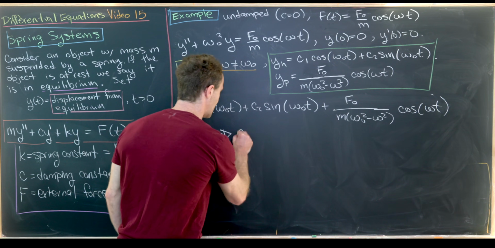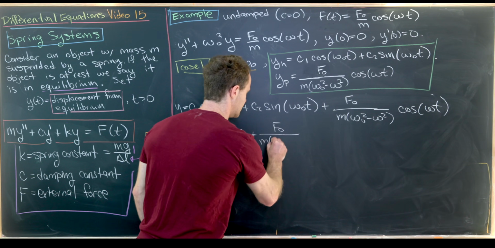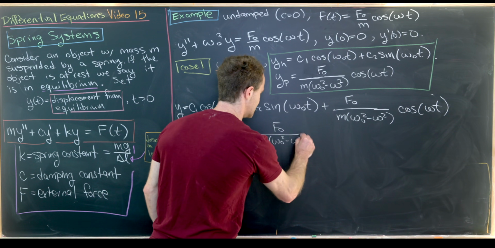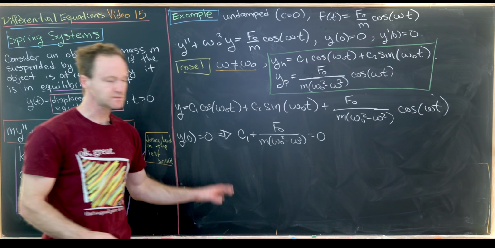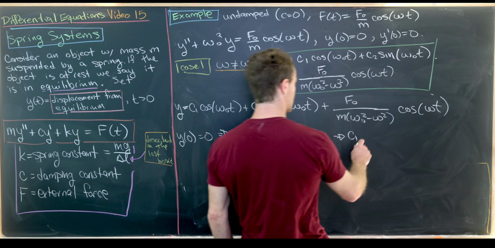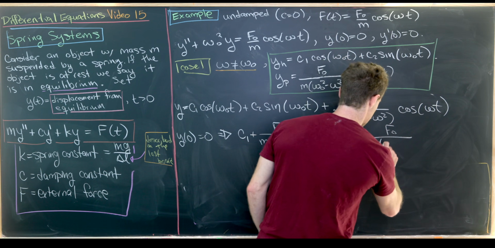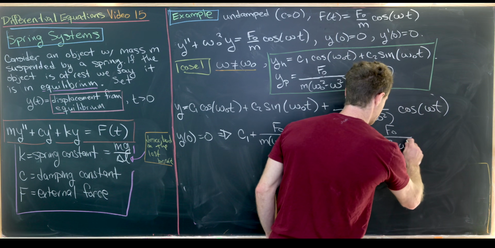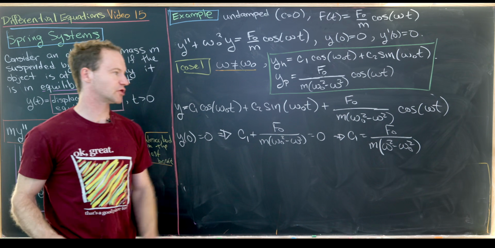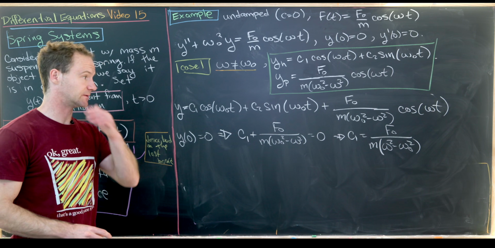So in the end, we'll have c1 plus f naught over m times omega naught squared minus omega squared equals 0. We can easily solve that for c1, and we'll see that c1 is equal to f naught over the mass times omega squared minus omega naught squared, where I changed the order of subtraction to make up for the fact that I moved it to the other side of the equation.